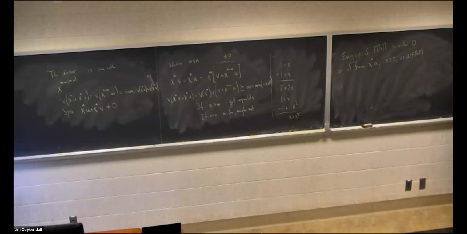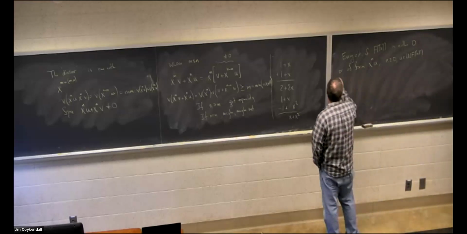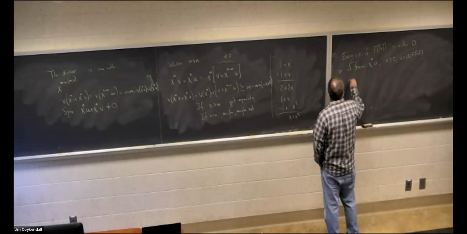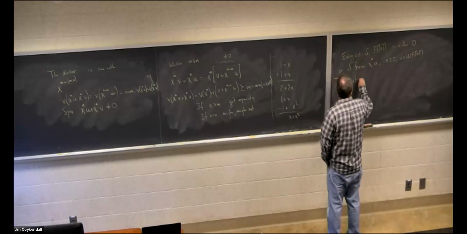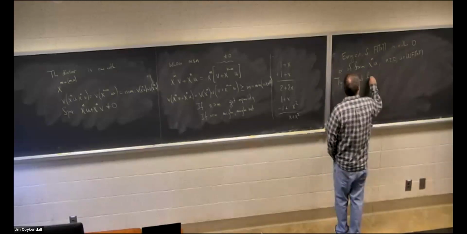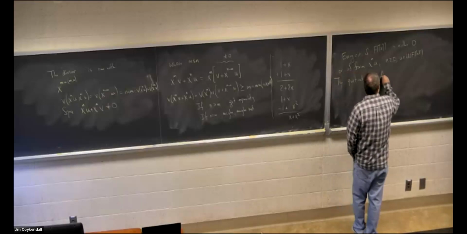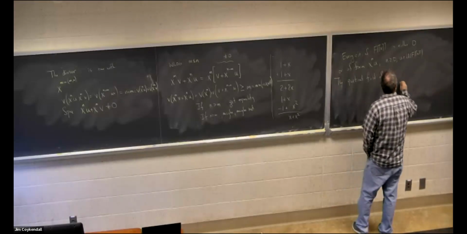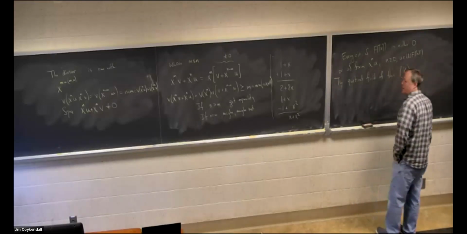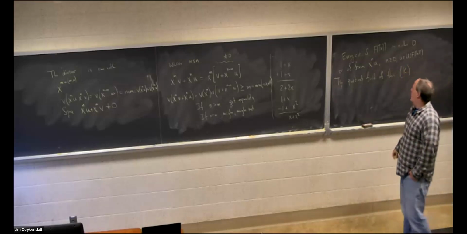What are the elements of the quotient field? We'll call the quotient field K, like in our notation here.